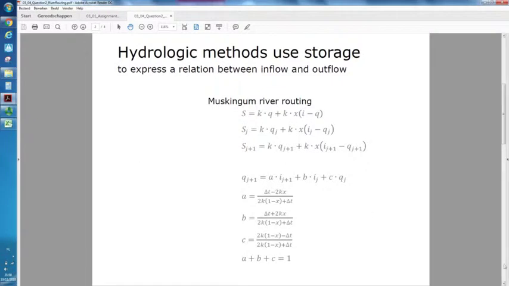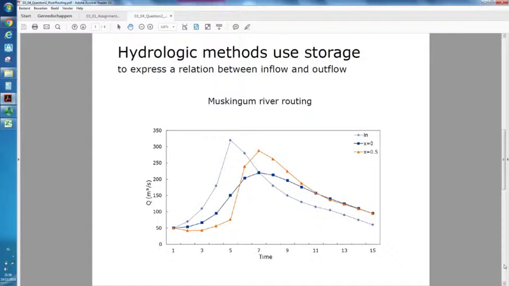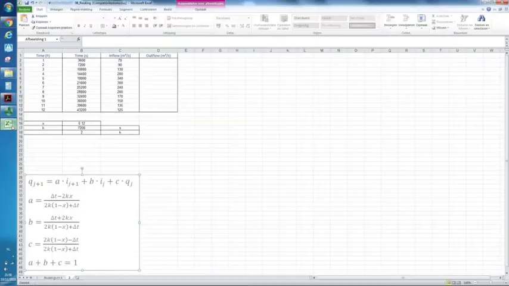Afterwards, when we calculate that, we will get an inflow hydrograph like this, and then an outflow hydrograph with our x equal to 0.12. I've prepared the Excel sheet already, where we have our time, already in seconds, and our inflow values in cubic meters per second.